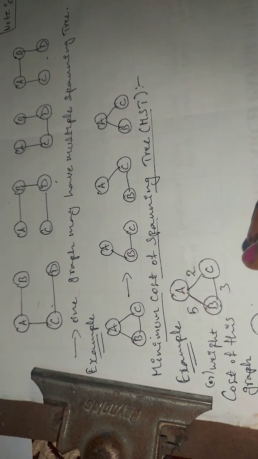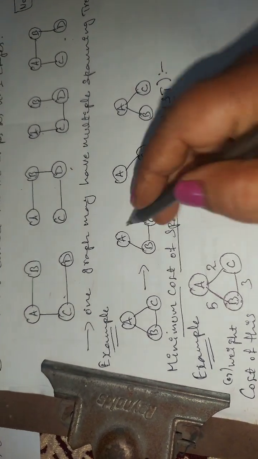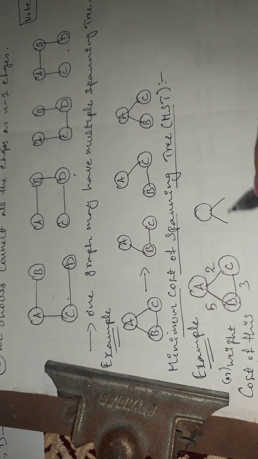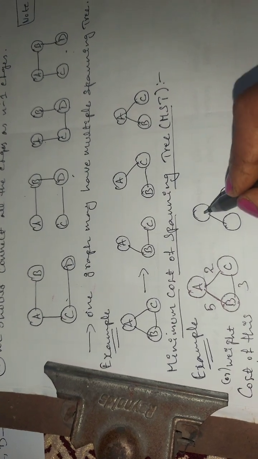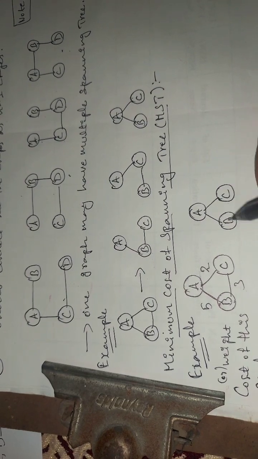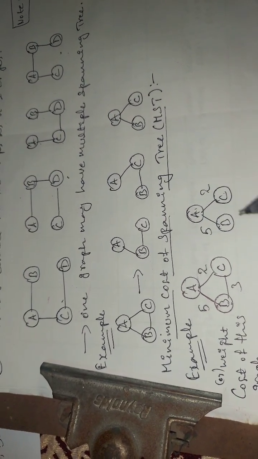So what are the possible ways to minimize this graph? See here, the same A, B, C. A to B is 5, A to C is 2.